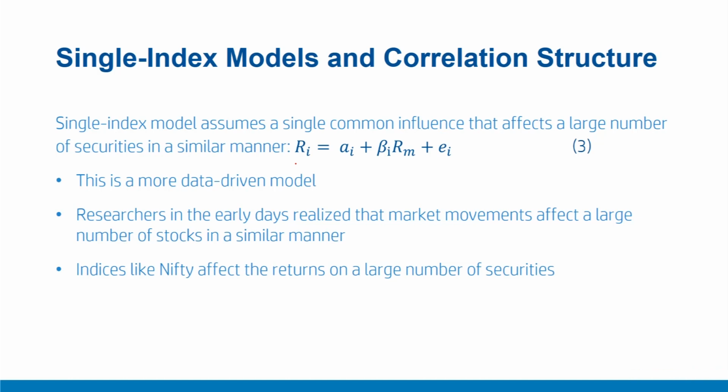This leads to the genesis of single index models, where a market index such as Nifty or S&P 500 acts as the proxy of the single index, that is, the market index. Hence, the returns on a security can be described by a single index model with this equation.